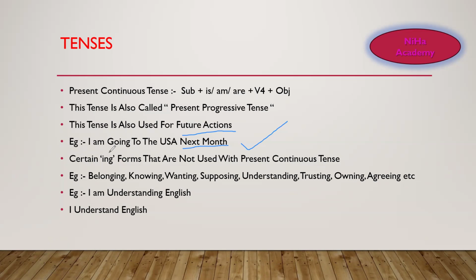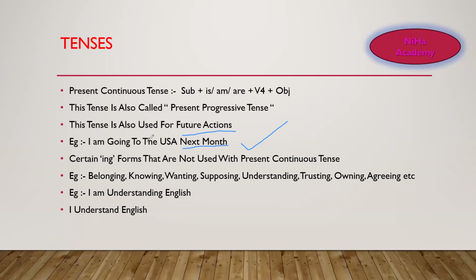Here we observe that next month takes will plus V1. So statement 2 is correct, statement 1 is wrong, and we would choose option 3. But we lose the mark. Why? Because both are correct. Present continuous tense is also used while there are future actions. So "I am going to the USA next month" is also correct.